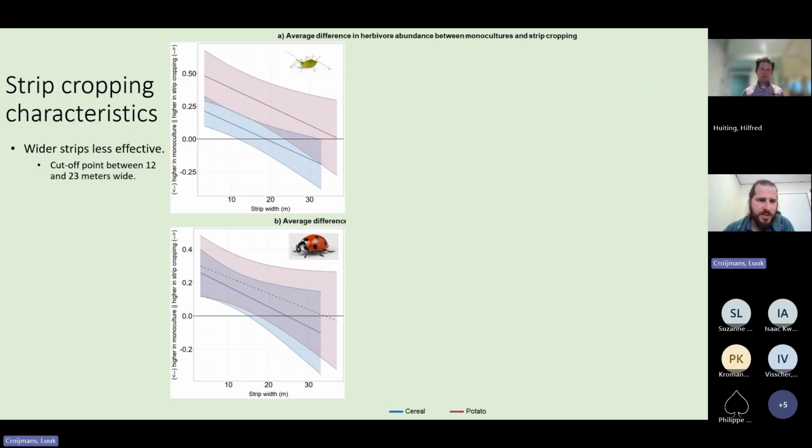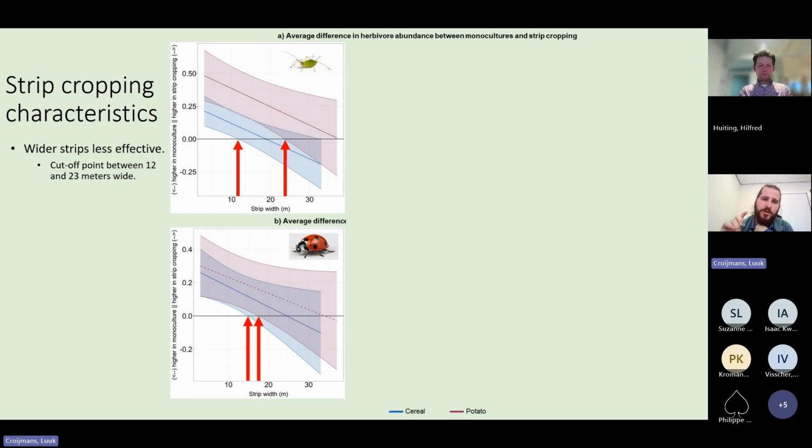Well, then the last thing I mentioned, these different characteristics of strip cropping, for example, the width of the strips, the diversity, and these kind of things. We also looked at how that affected how effective strip cropping was in this pest management story. And then we actually see for the strip width that, between, let's say, 12 and 23 meters, we still have to look a bit more in depth in where exactly this point is.